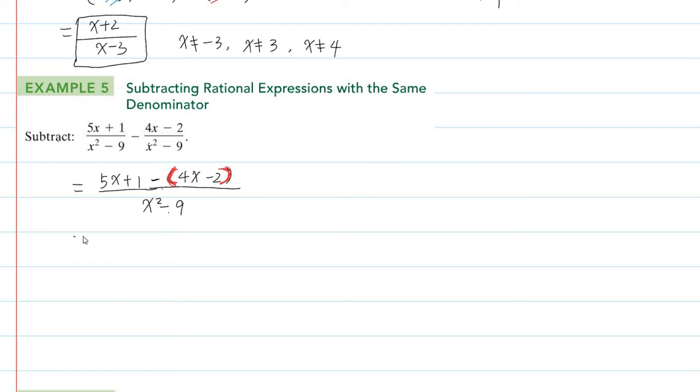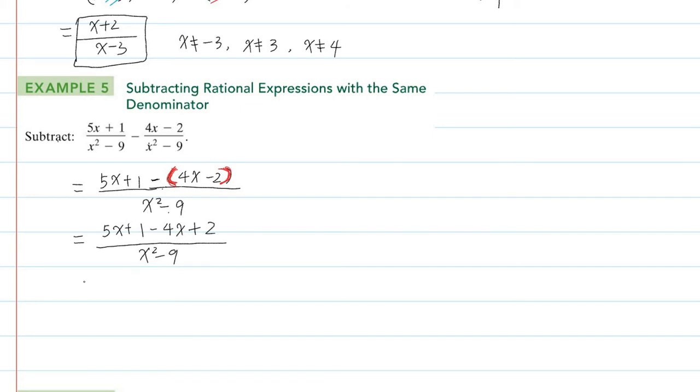Anyway, once we finish that part, what we're going to do is take it out from the parenthesis. That would be minus 4x, minus becomes positive, that would be plus 2. Once we have this, right now we're just going to write it down. x squared minus 9.